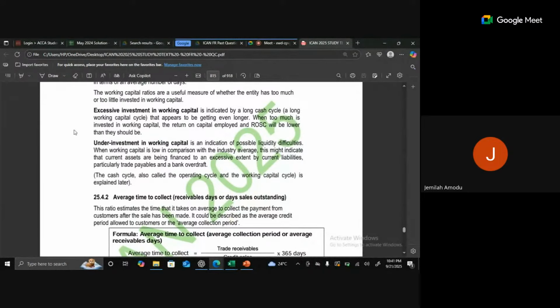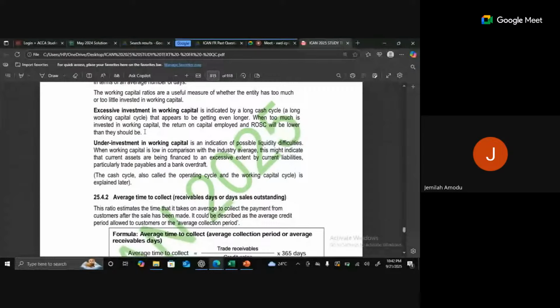When too much is invested in working capital, the return on capital employed will be lower than it should be. So you can see how the return on capital employed will be affected by working capital management. So what does it mean by a long cash cycle? It means it will take you a very long time before you are able to receive money from those that are owing you.